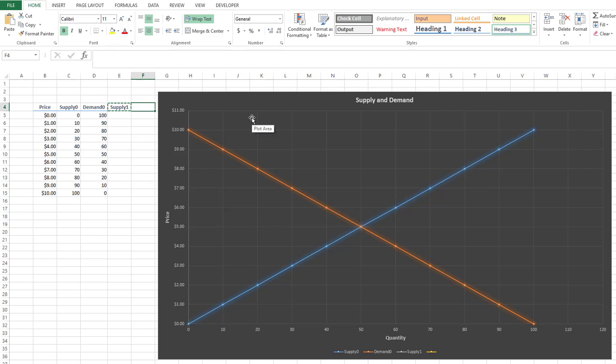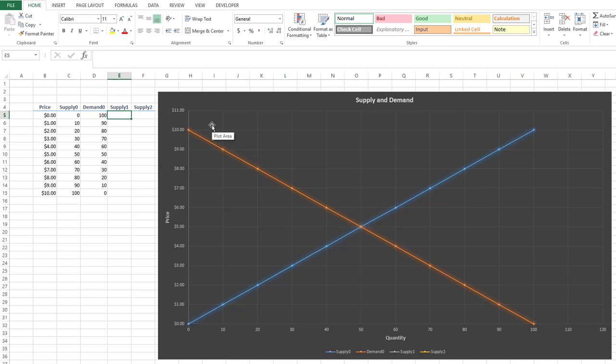And then let's make another one just called supply 2. We can shift it 2 times. So for supply 1, let's say that the supply curve shifted up, and let's say that going along with the fast food hamburger example, sellers of fast food hamburgers are willing to sell 10 more at every price point.